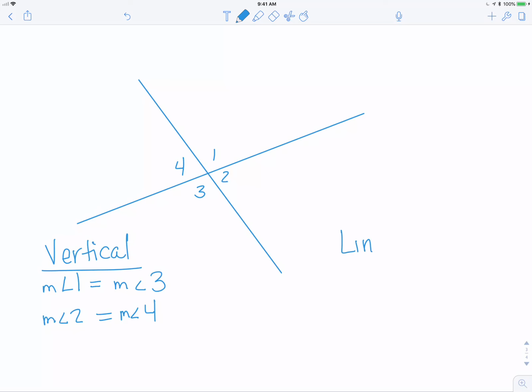Okay, the linear pairs add up to 180. So the measure of angle 1 added to the measure of angle 2 is 180. Or the measure of angle 2 added to the measure of angle 3, that's 180, and so on. There's two more, right? So that can conclude what we just discovered.